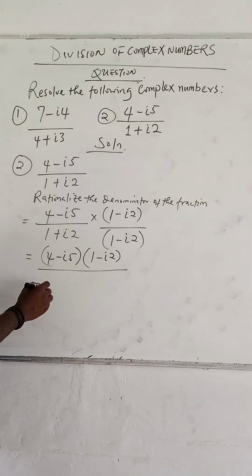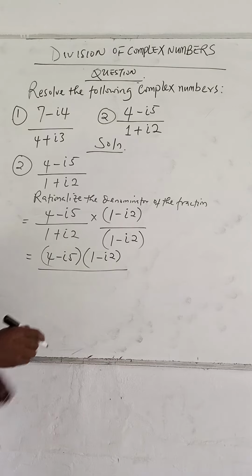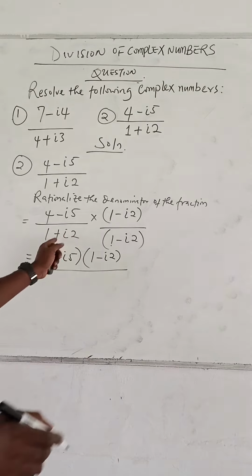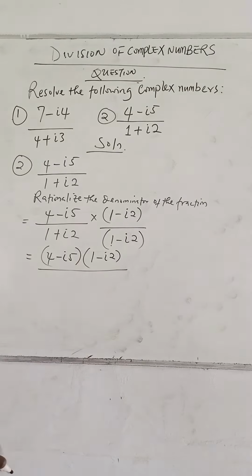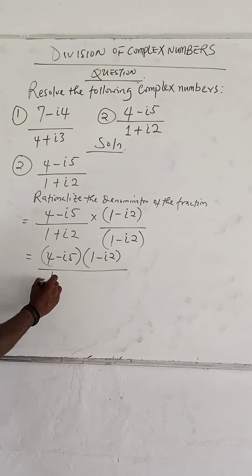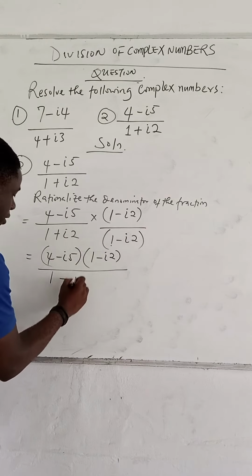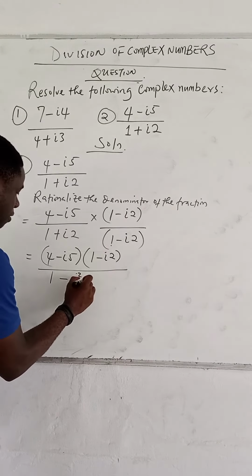Then you multiply the conjugate in the usual way: you multiply the first term with the first term, the sign with the sign, and the second term with the second term. That's the easiest way to achieve that. So 1 times 1 is 1, plus times minus is minus, and this time is I squared 4.